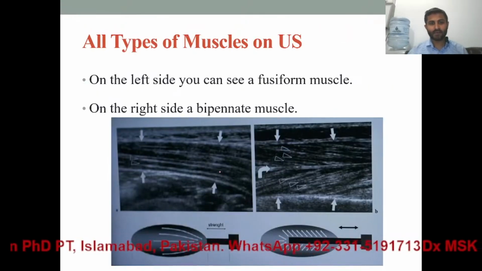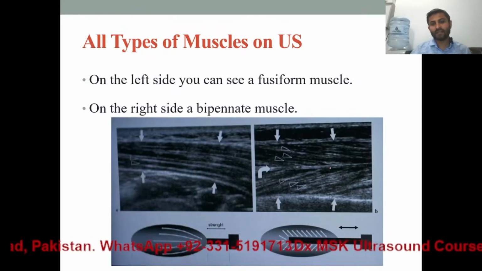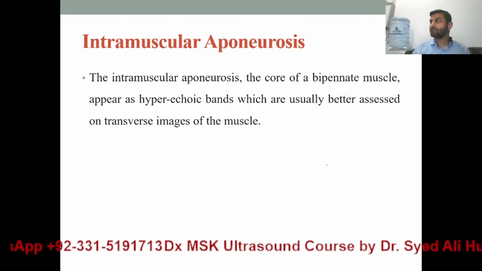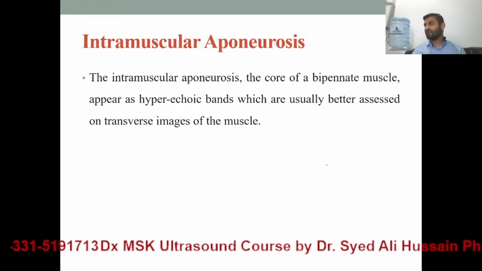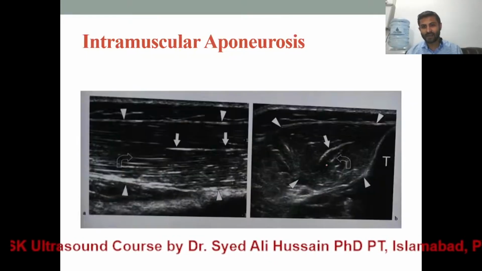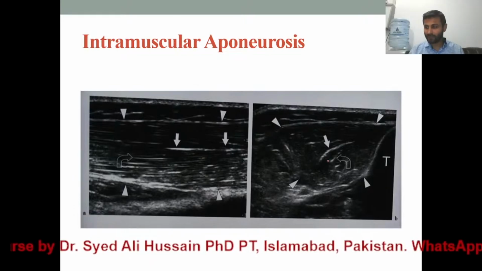So here you can see the fusiform muscle, and on the other hand side, you are looking at a bipennate muscle also. Then we can also look for intramuscular aponeurosis, and this is an example of intramuscular aponeurosis.